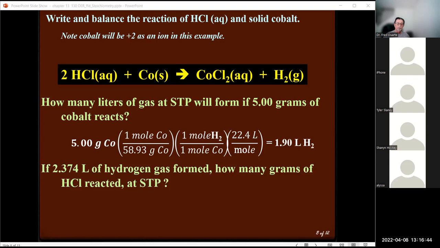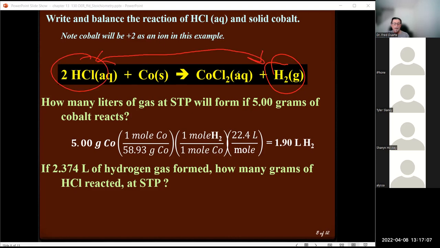Same reaction, but a different question. It says if 2.374 liters of hydrogen gas are formed, how many grams of hydrochloric acid reacted at STP? And so my concern now is simply the relationship between the hydrogen gas and the HCl.